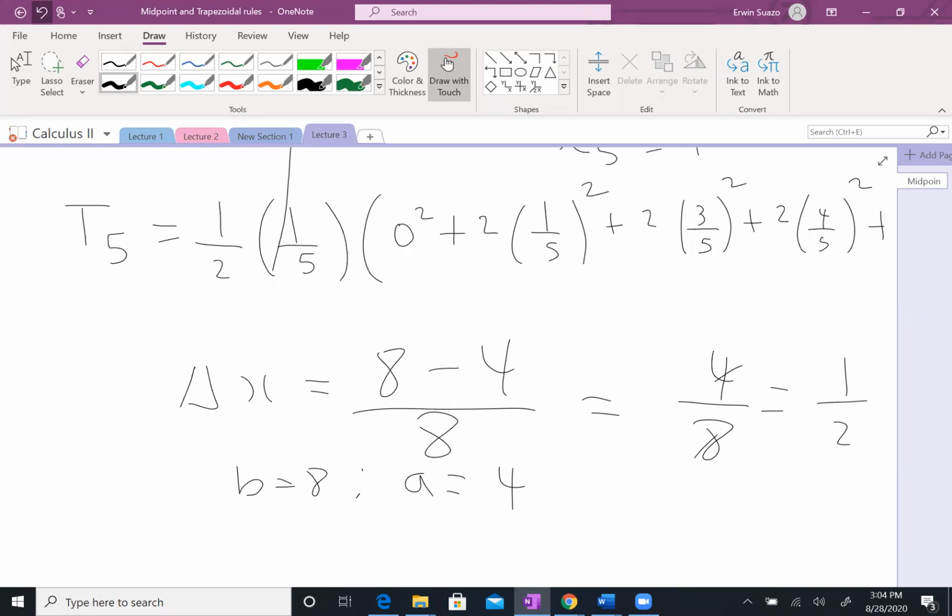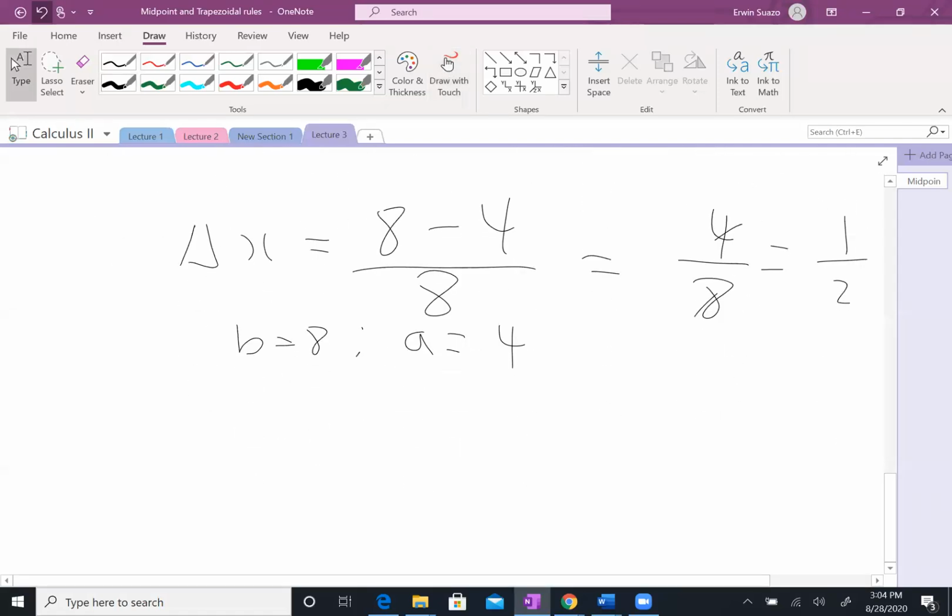So all that we have to do is what? We start with 1/2 times f of what?